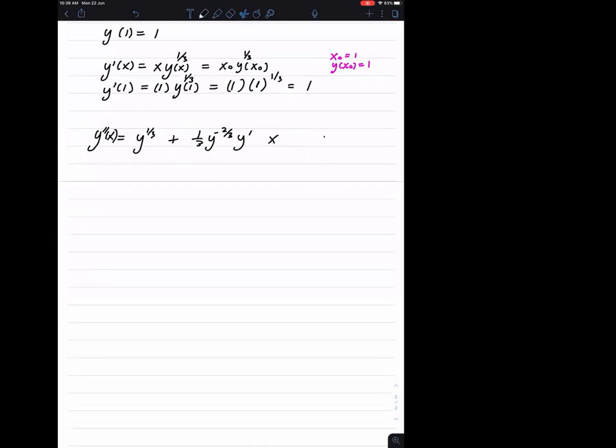If you're confused, you just want to mention that y is y(x). If you're confused, you can just write like this.